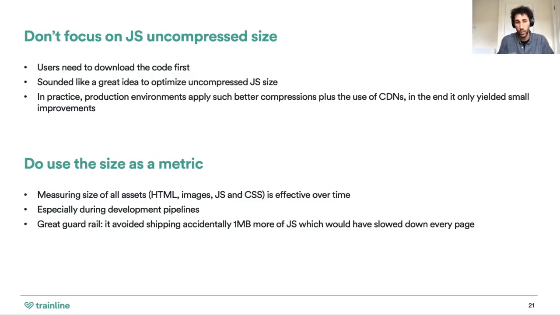When we set this up, we caught some mistakes where a developer in the team had significantly grown the size of a web application without doing it knowingly. So that was a good takeaway and a good learning.